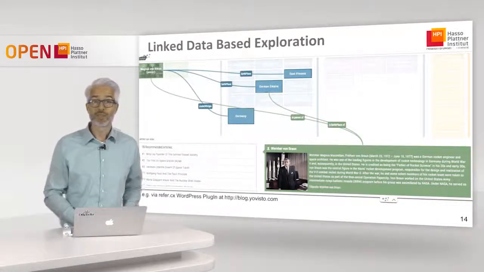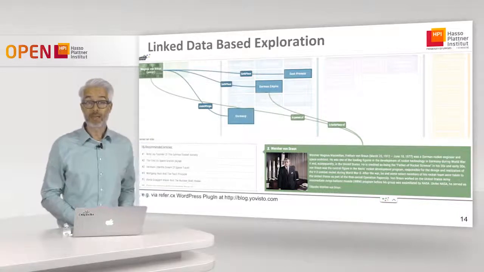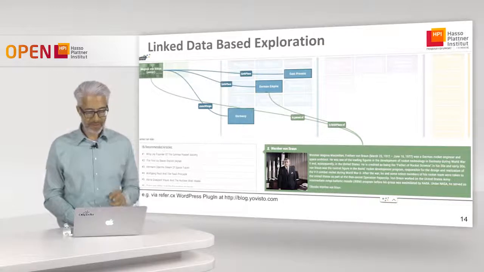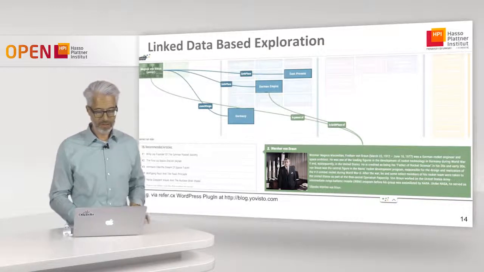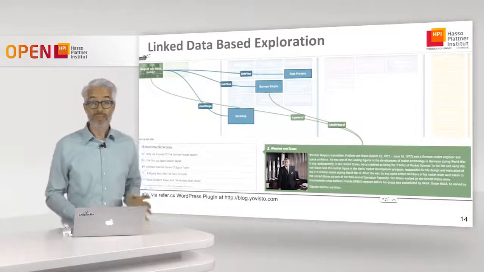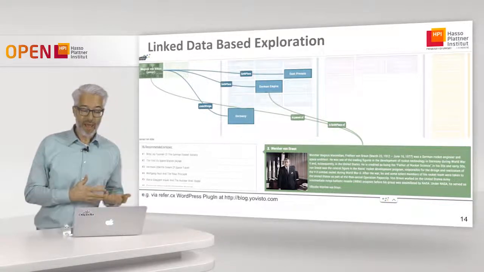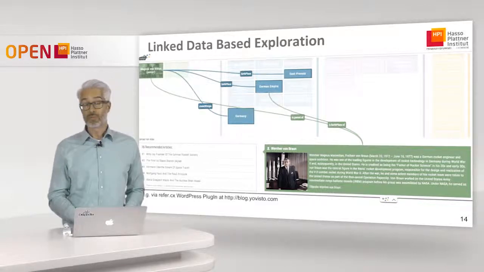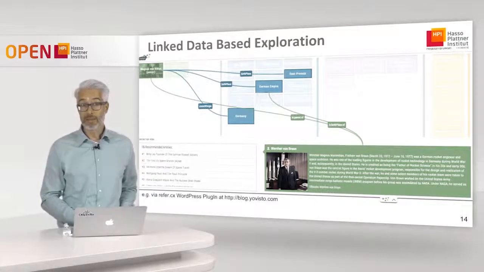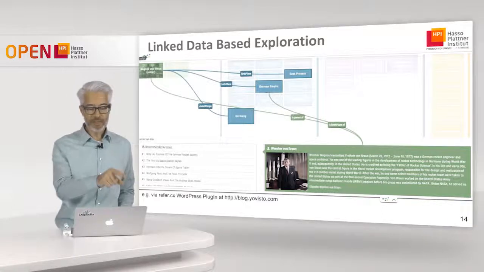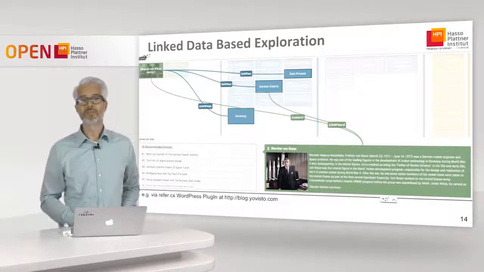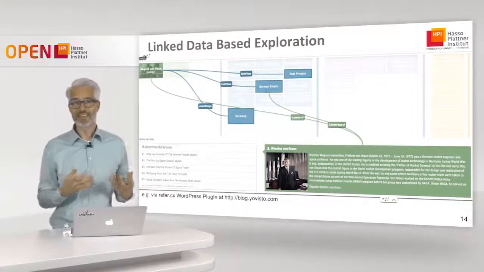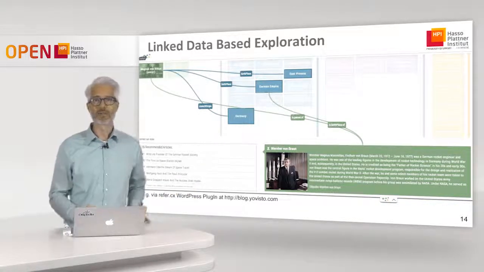We have already seen this example in the last part of the lecture. This again is also the Media Explorer, which is available at the Jovisto blog or at refer.cx. With this, you are able to navigate not only in the information displayed in a blog article, but you also have the possibility to click on the items that you see in this data map, in this map of connected entities for exactly that blog page.